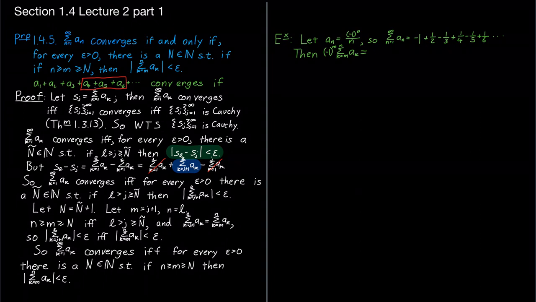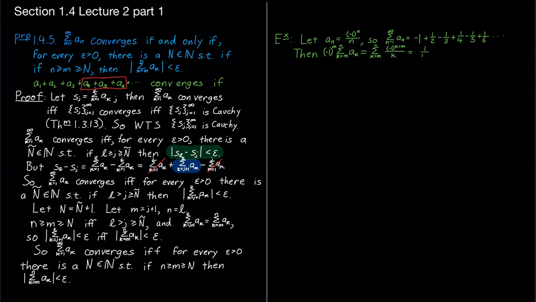So let's write this down. Sum from k equals m to n of minus 1 to the k plus m over k.